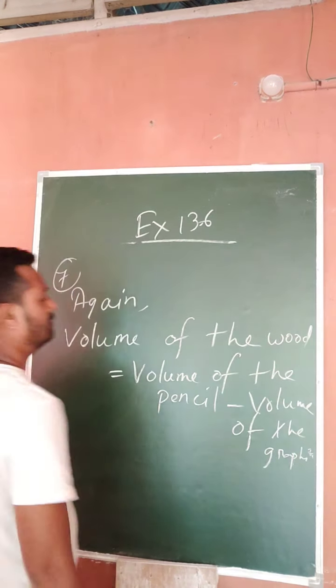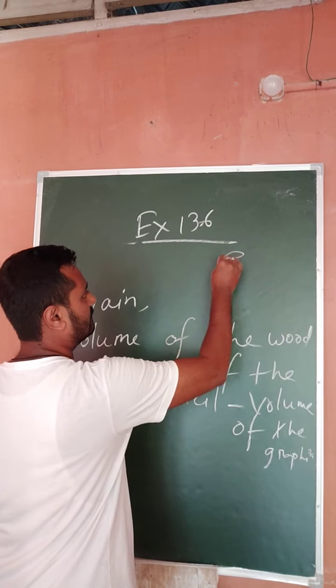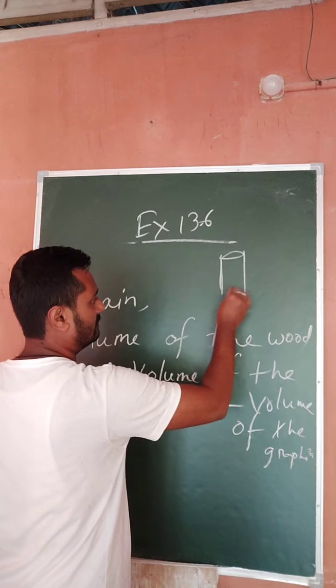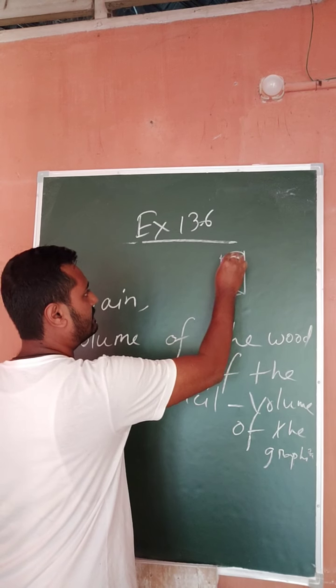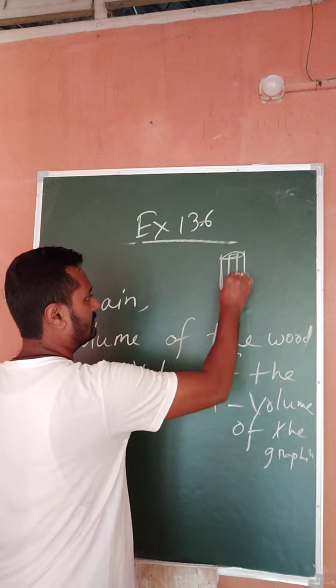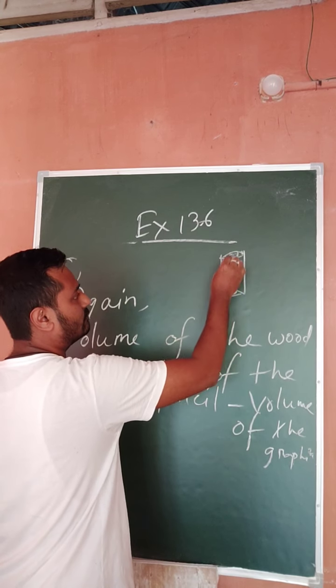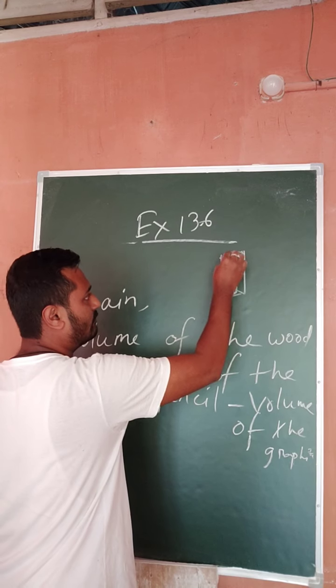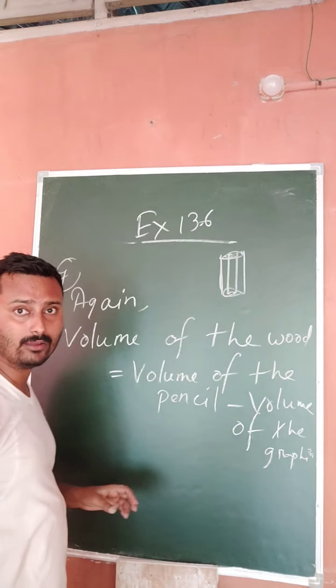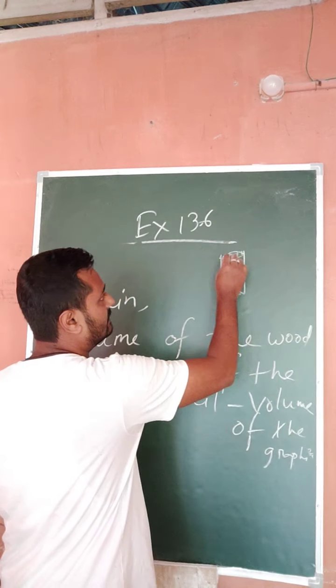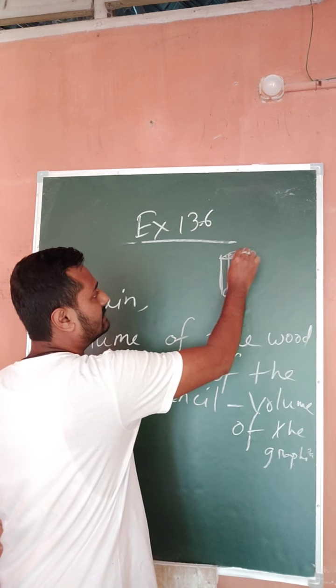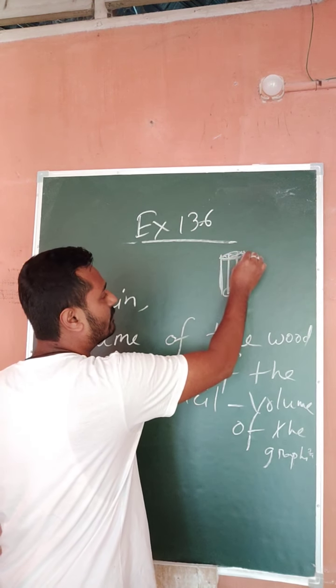Okay, suppose the pencil is like that. Suppose this part is graphite and this is the wood part. At first we found the volume of this part using the small radius R2. Now we have to use the bigger radius, and at first you have to find the volume of the whole pencil.